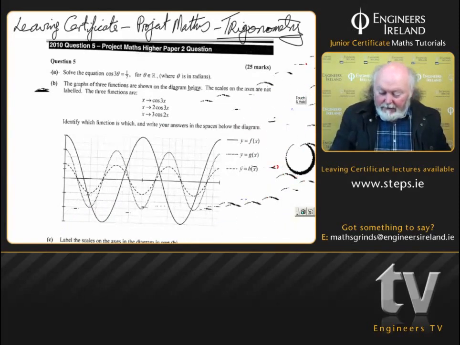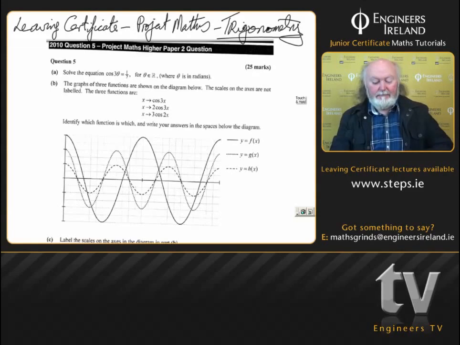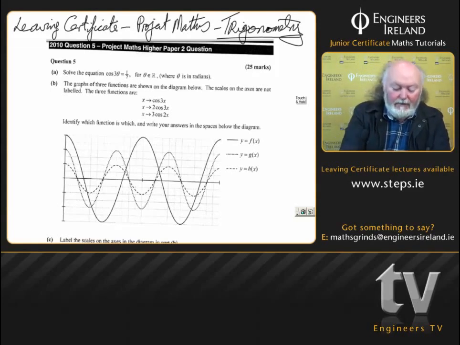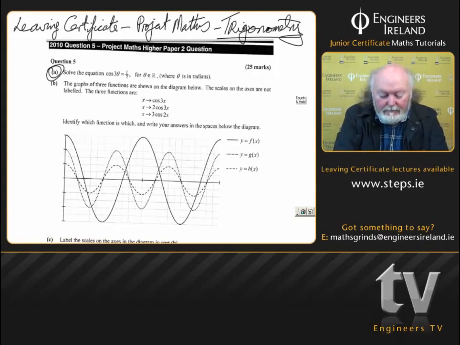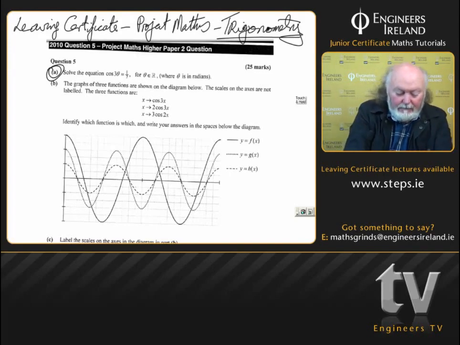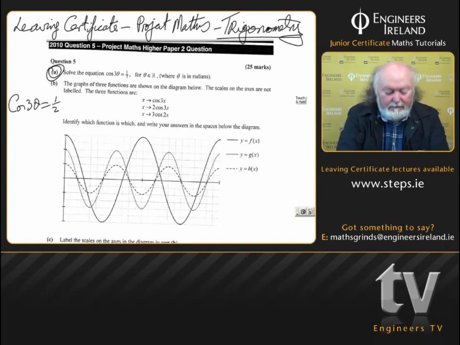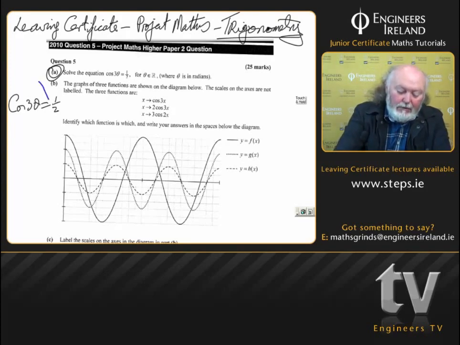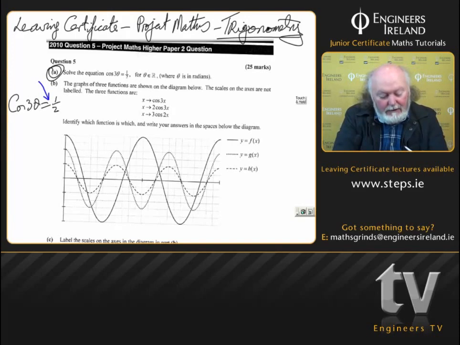Part A of this question is quite easy. This piece here. It's saying solve this equation: cos of 3 theta equal to a half. First thing you should notice, like in almost anything you would do in algebra or any other part of maths, is you check to see what the sign is. It's a plus sign.